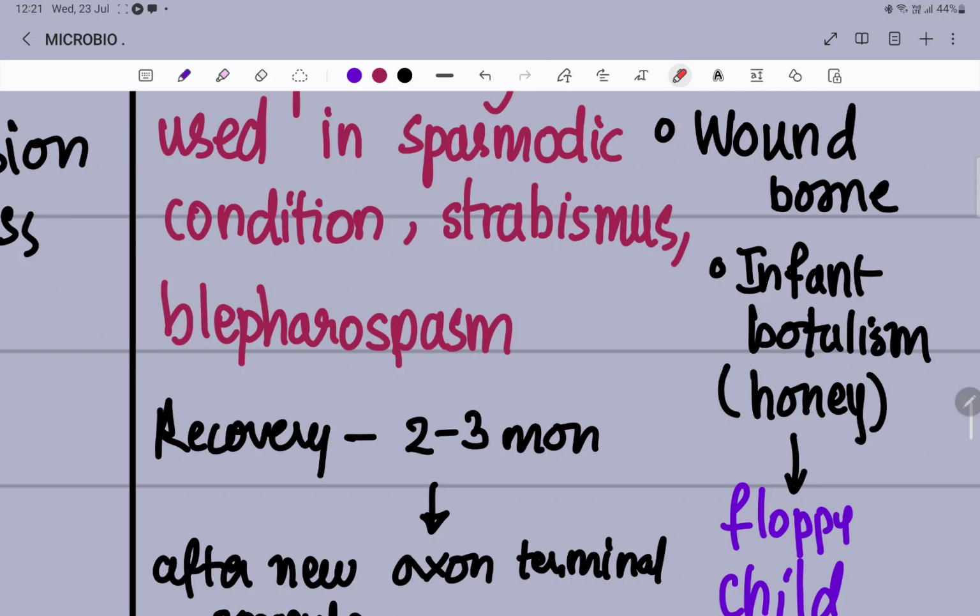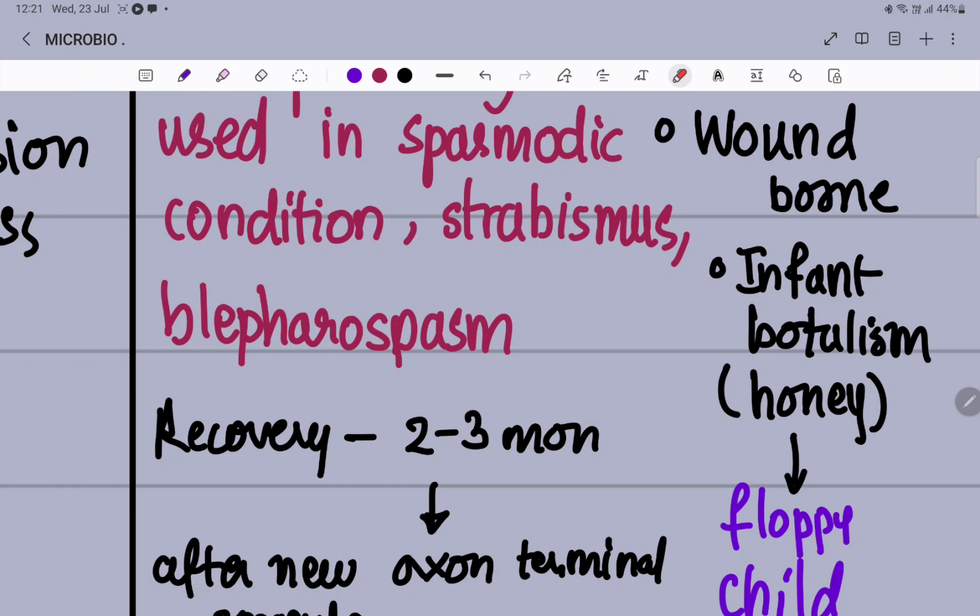Next we have infant botulism. It is generally associated with consumption of food in infants, generally honey, in children less than 1 year. Therefore we say that children less than 1 year shouldn't be given honey.